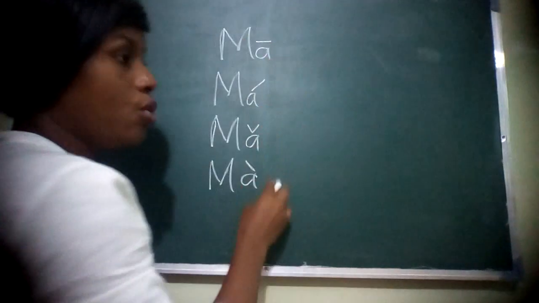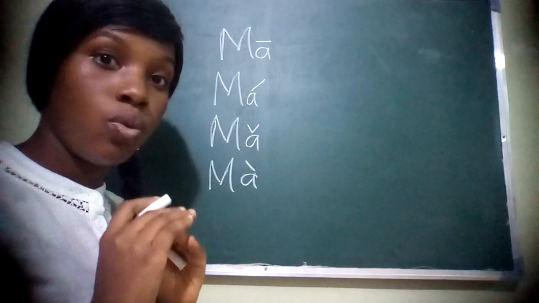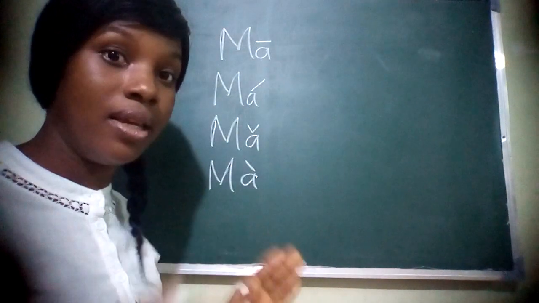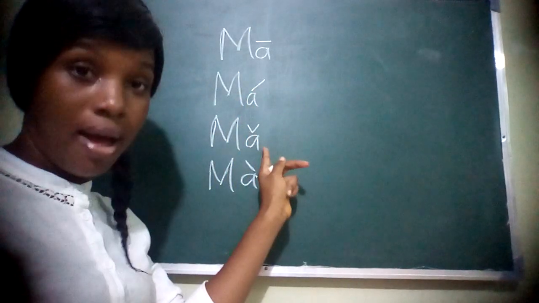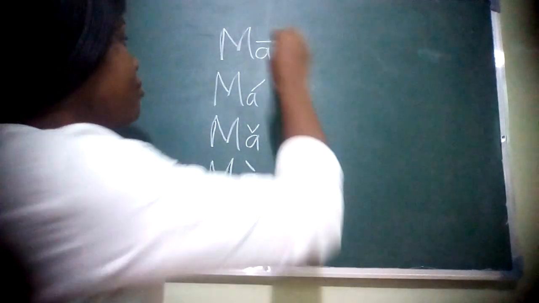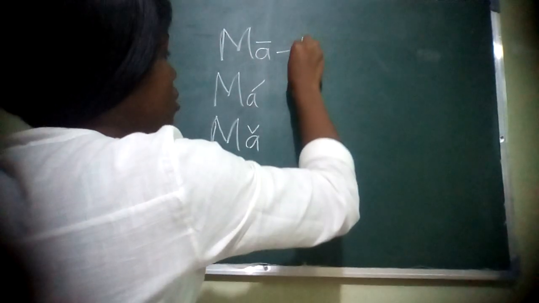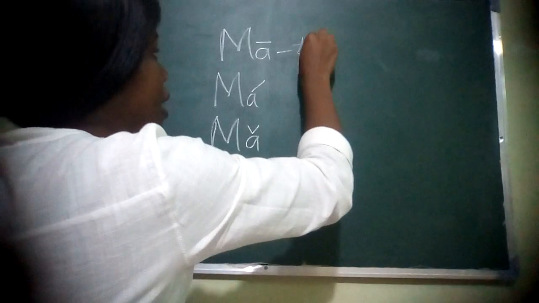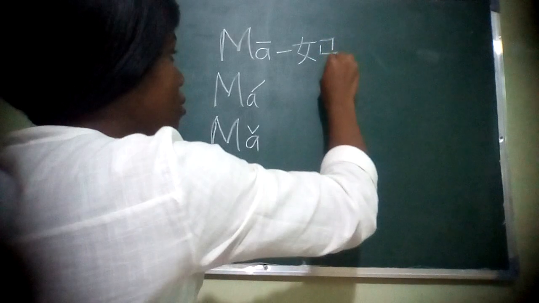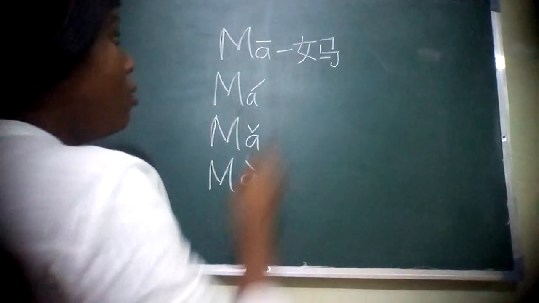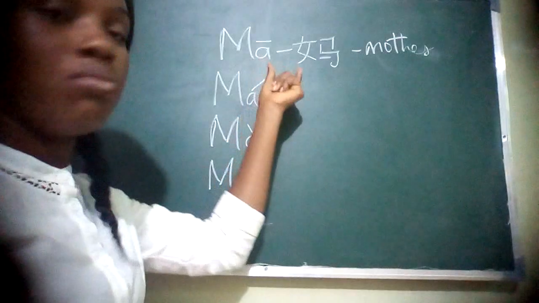These actually are different words with different meanings. Ma, ma, ma, ma. Ma means mother, and this is the character for mother. Okay, mother. This means mother. Ma.